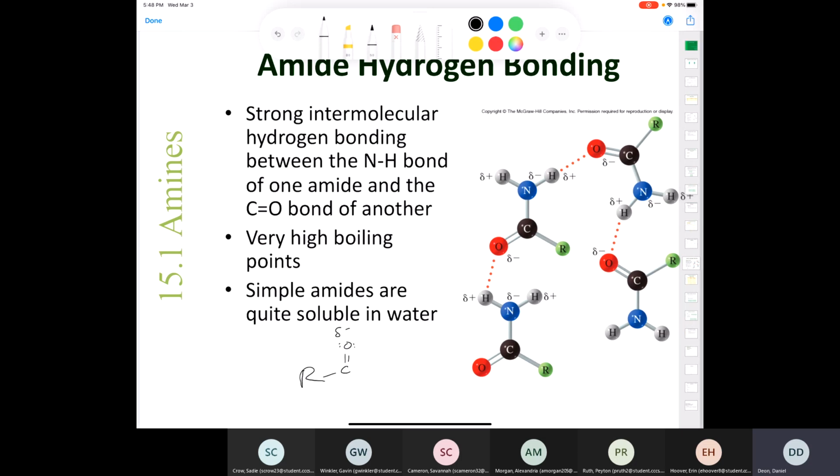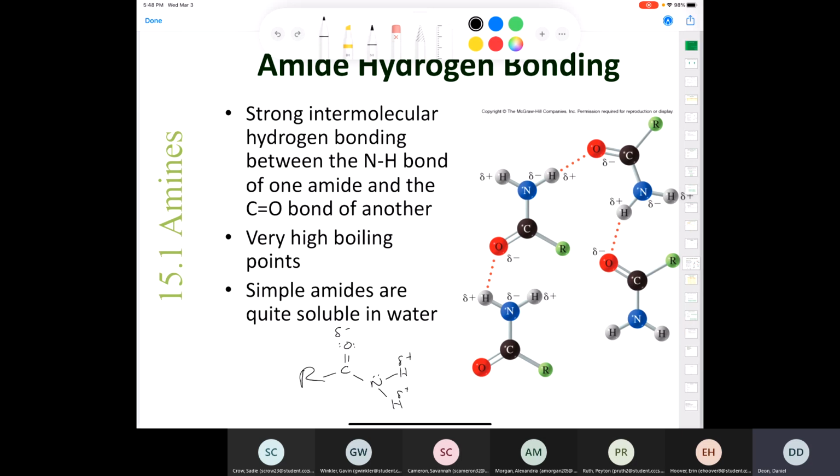Why? Because oxygen is more electronegative than carbon. We also have the lone pair on the nitrogen, and we'll draw two hydrogens on here like this. And then we can say that these hydrogens are delta plus. Why? Because nitrogen is more electronegative than the hydrogen atoms.